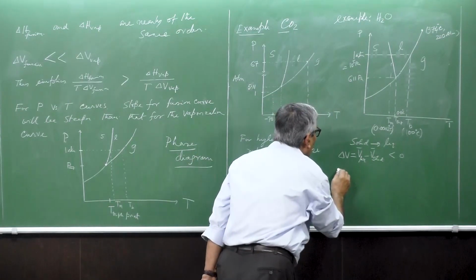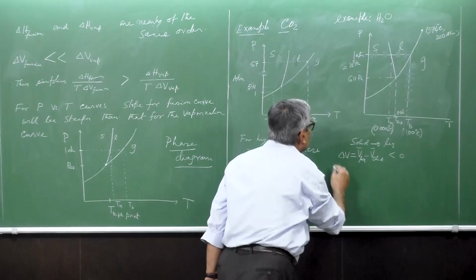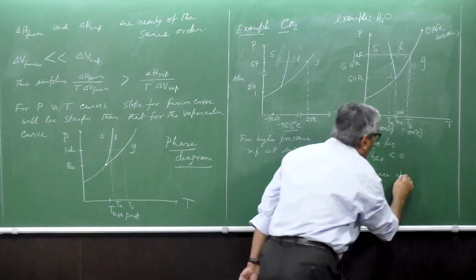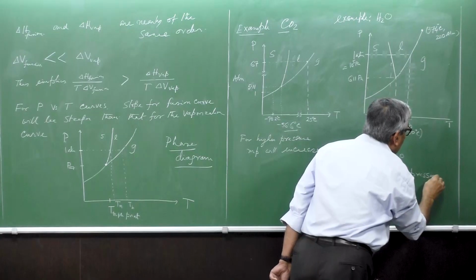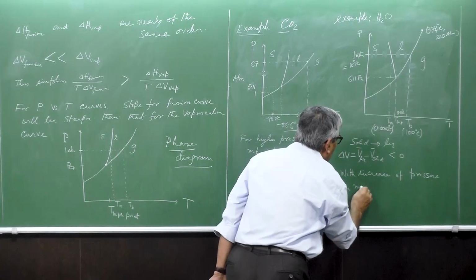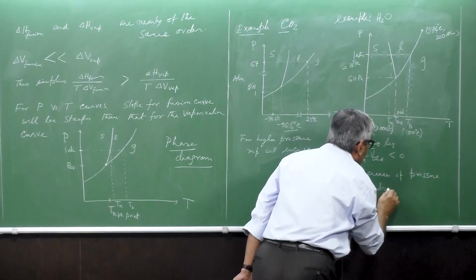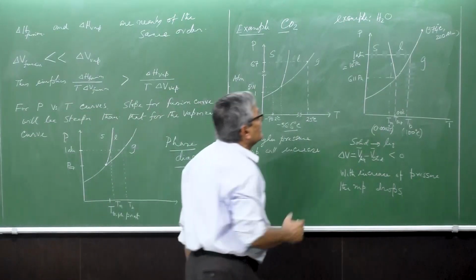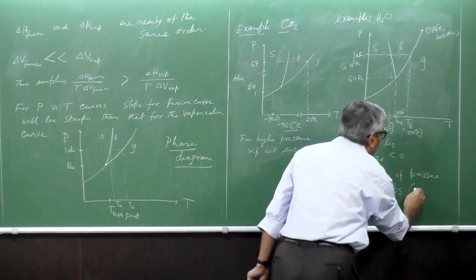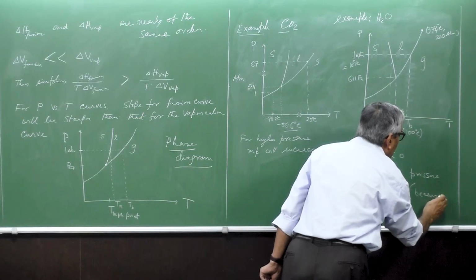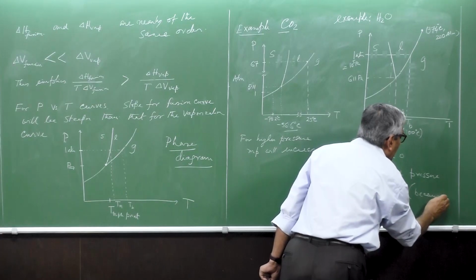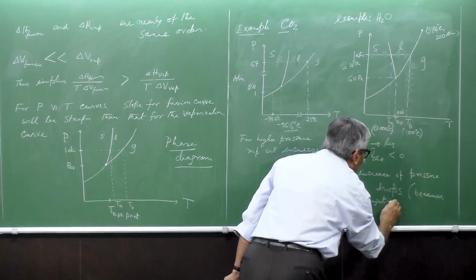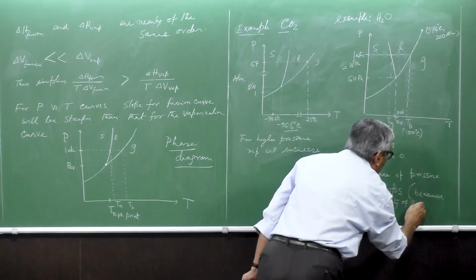So the difference between the two curves is that with increase of pressure, the melting point decreases, and it is because of the negativity of the slope.